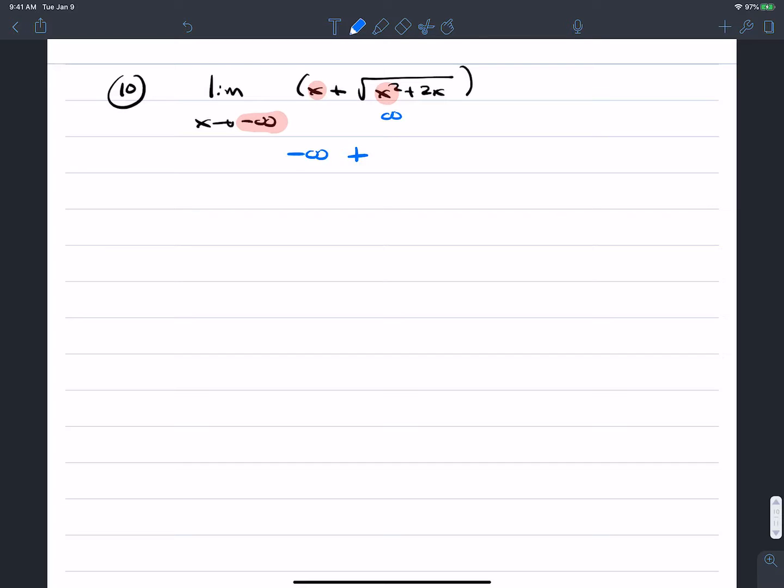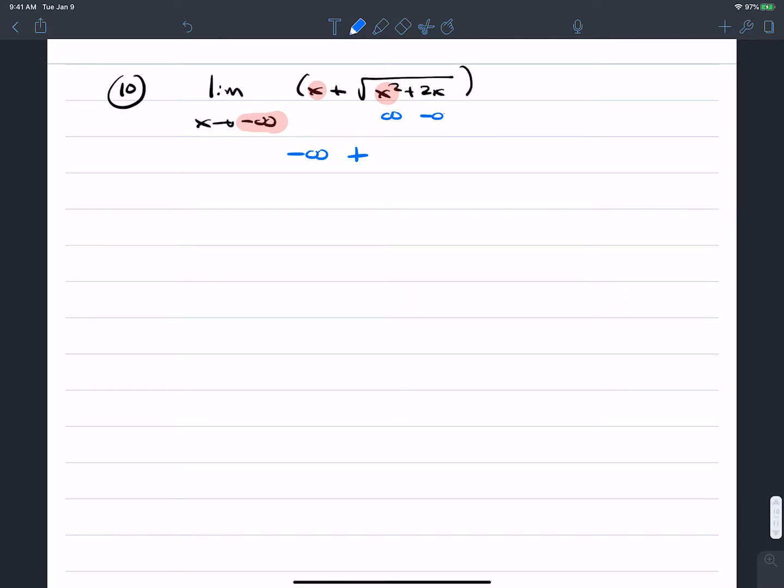Anybody see anything here with this one? Let's double check. Let's make sure we wrote it down right again. I think this is the correct one. Anyway. So under the radical, I have a problem already because what's the deal here?